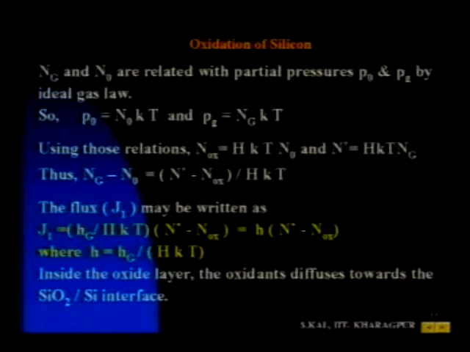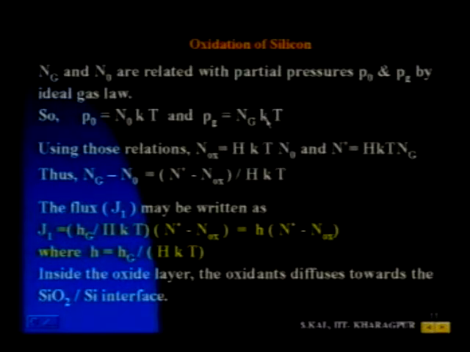Using those relations, in the earlier relation we got NOx equal to H P naught, where P naught is N naught kT and Pg is Ng kT. If we replace P naught and Pg in the earlier equations, we get NOx equal to capital H kT N naught, and N star equal to capital H kT Ng. Capital T is the temperature on the absolute scale and small k is the Boltzmann constant, coming from the gas law.